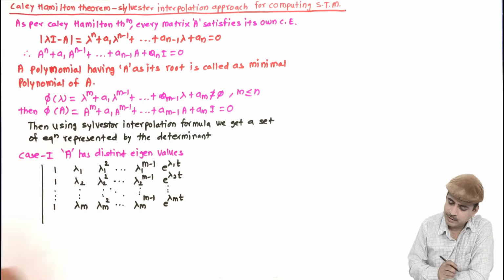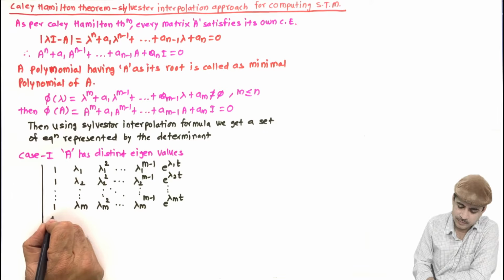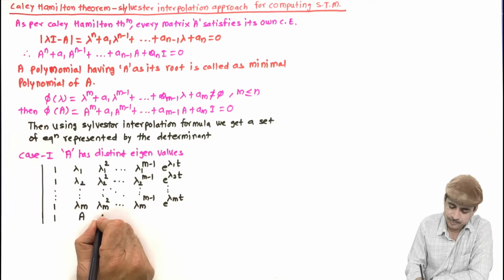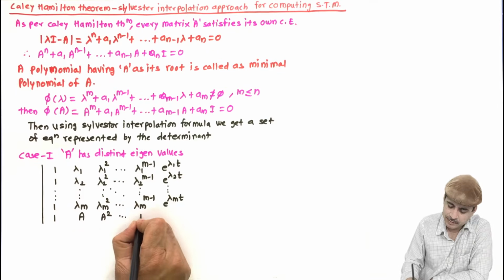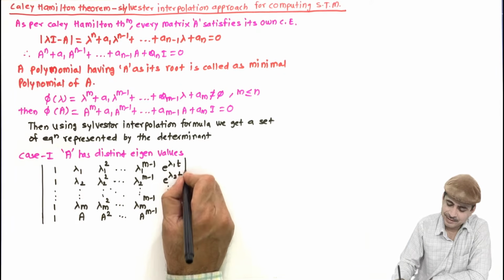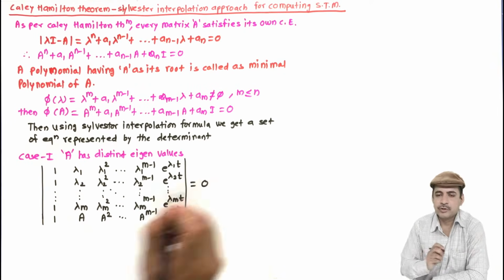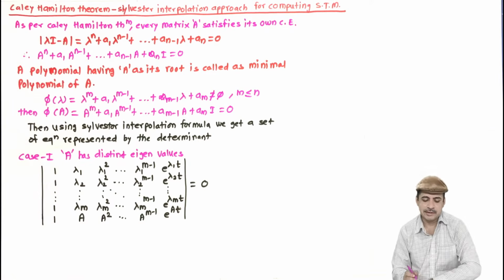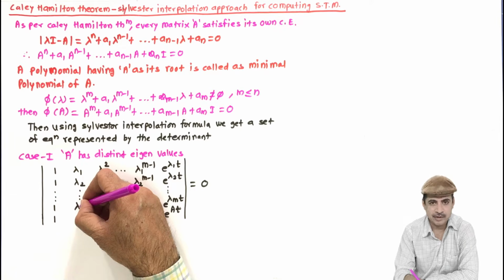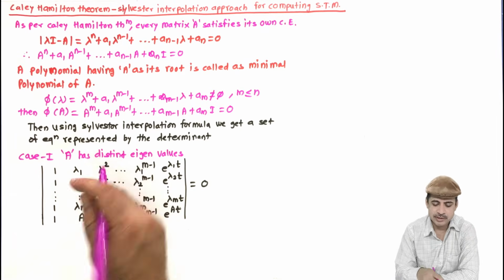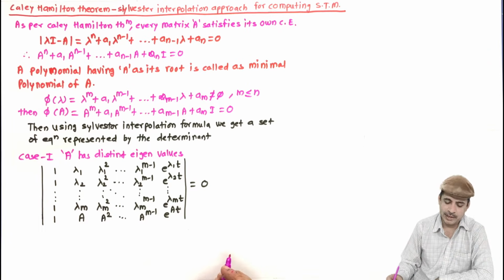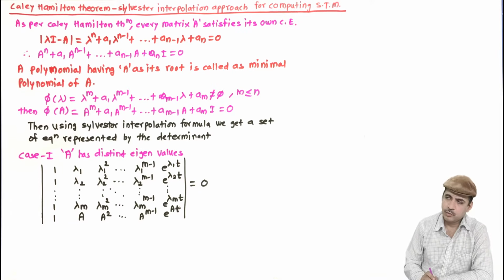This is in continuation, and finally the same is obeyed by matrix A. So 1, A, A square, A raised to m minus 1, e raised to At, and this is equal to 0. So this is the determinant. Now if you look, these are the m different eigenvalues followed by the matrix A. So this determinant is m plus 1 by m plus 1, and what happens by this, we get different equations.